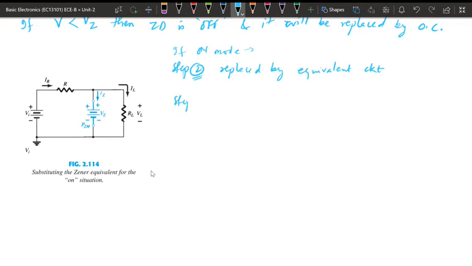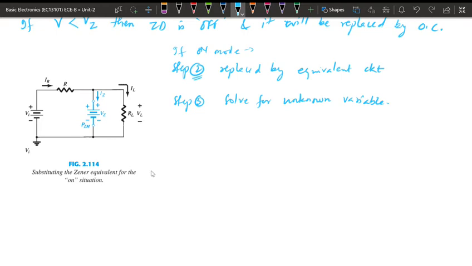Then step 3 is, now we need to solve for unknown variables. So now we need to solve this circuit for the different voltages and currents that we need to find, that is VL, what is IZ, what is IL, what is IR.